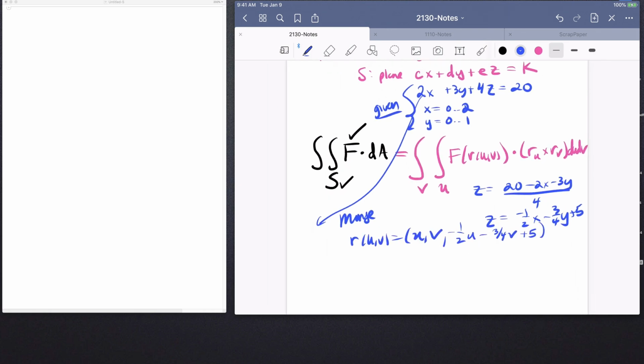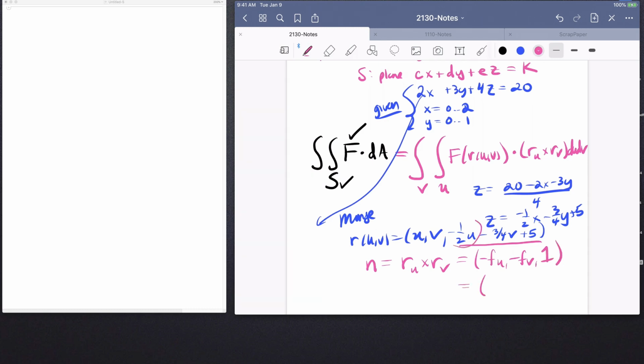There's our surface parameterization. And we know that our normal vector for a Monge parameterized surface is r_u cross r_v, and that will ensure that we get the partial derivative of the z entry with respect to u, but we have to put a minus: minus partial with respect to u, minus partial with respect to v, 1.